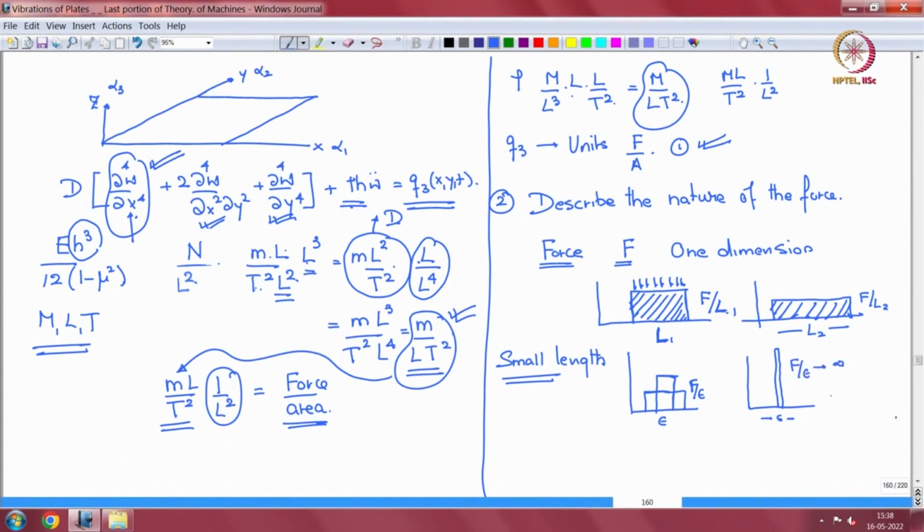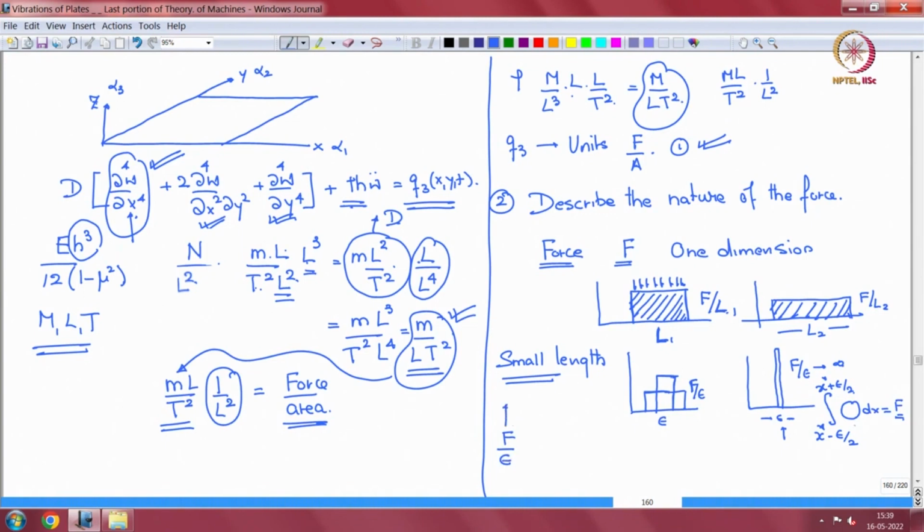However, the integral from x star minus epsilon by 2 to x star plus epsilon by 2 of the force, dx, turns out to be F. So, the function itself, if you look at it, will blow up.